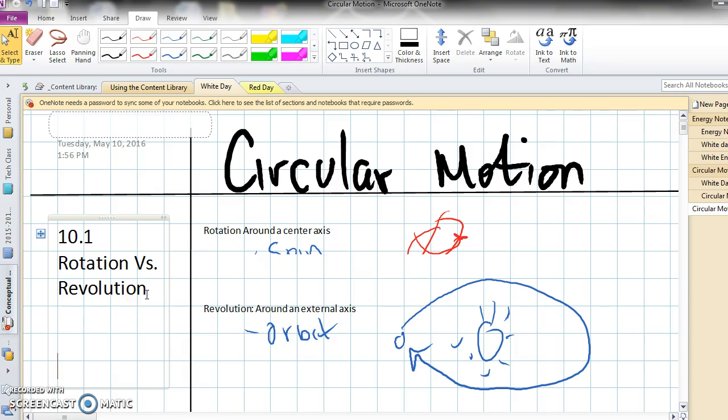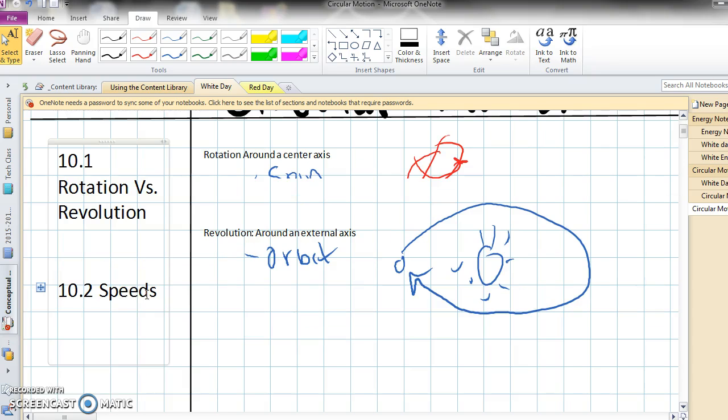Moving on. We apparently had trouble with 10.2, so I'm going to call it speed, since having the different names threw some of you off. A linear speed is any speed in one direction.